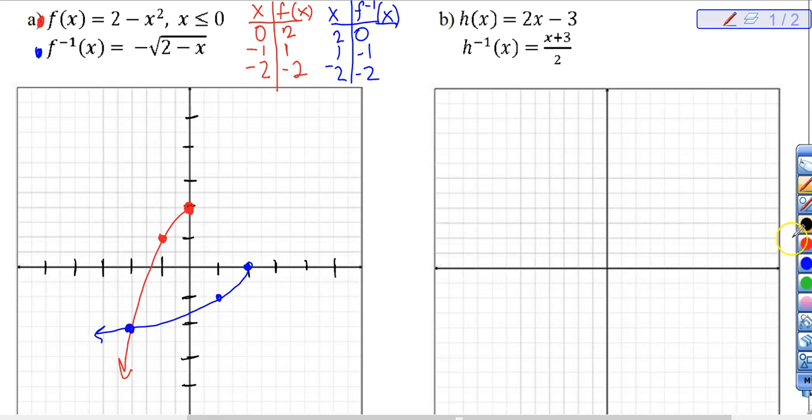So now we're going to put in our line test. Our line test is the line y equals x. So whatever x equals, y equals, so 0, 0, 1, 1, 2, 2, 3, 3, 4, 4, etc. Notice that my two inverse functions actually intersect my line of symmetry.